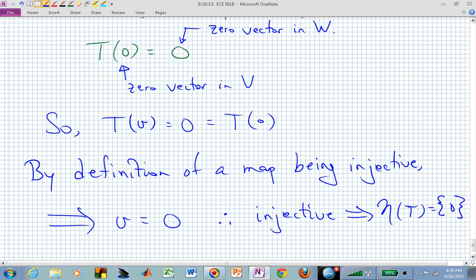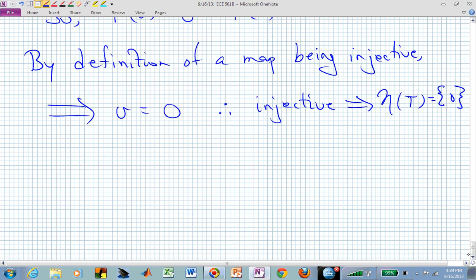Now let's go the other direction. The next direction of implication is, let's assume that the null space of T is the 0 vector.